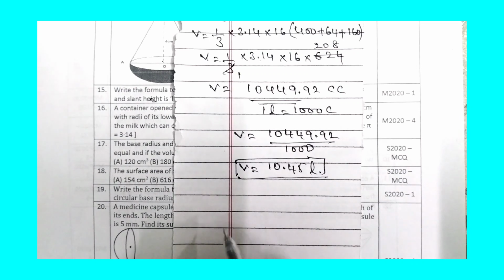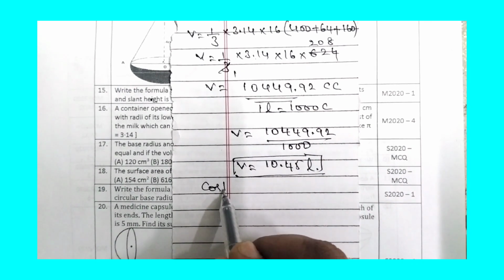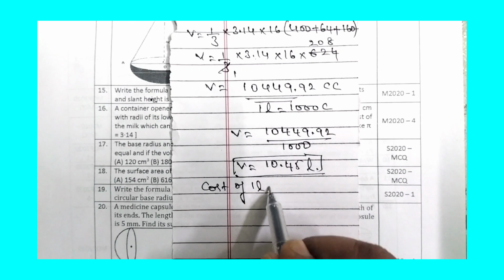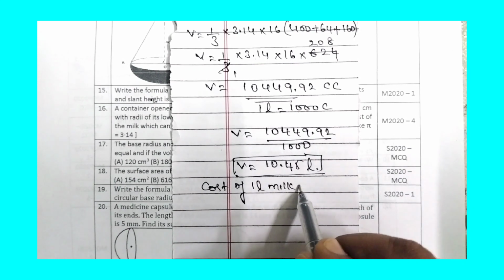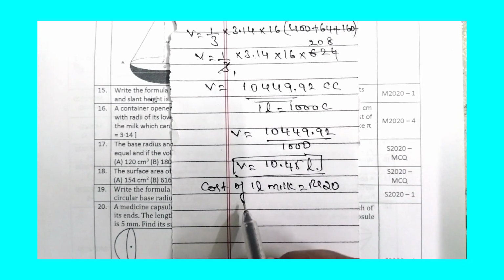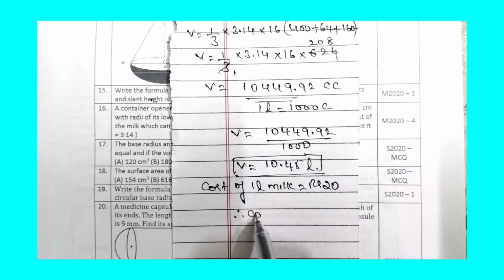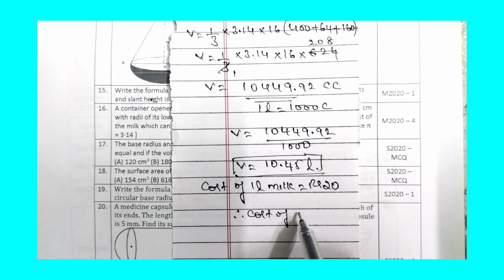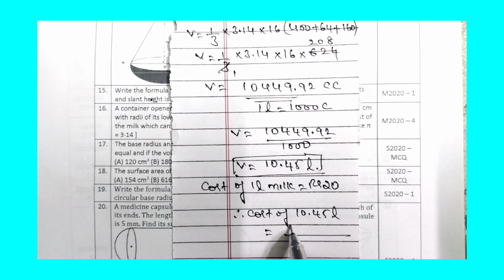10.45 liters. So cost of 1 liter milk. What is the cost of 1 liter milk given? It is given as rupees 20. Therefore, cost of 10.45 liters is equal to dash rupees.